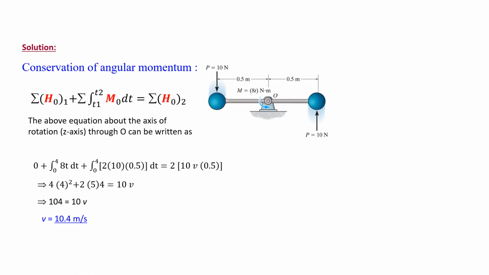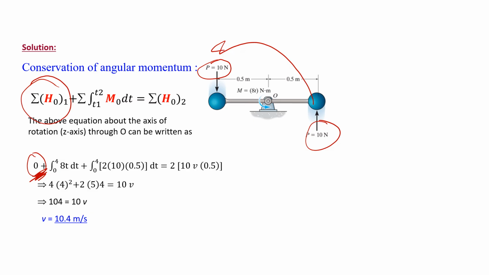Here, since it starts from rest, the initial angular momentum is 0, because in m v r the velocity is 0. Then you need to find the moment due to these two forces.